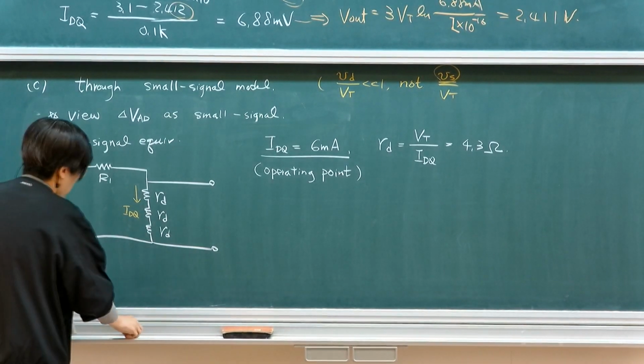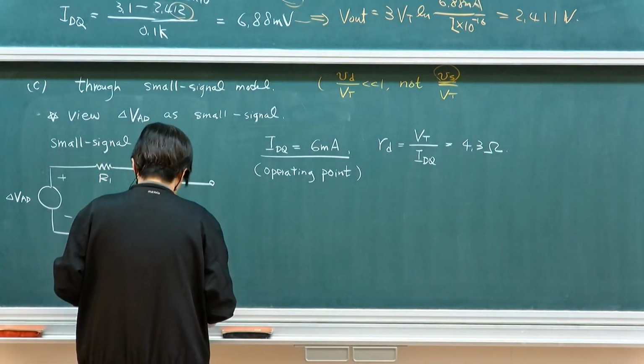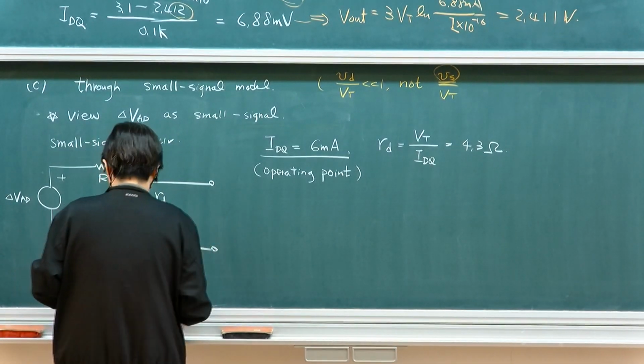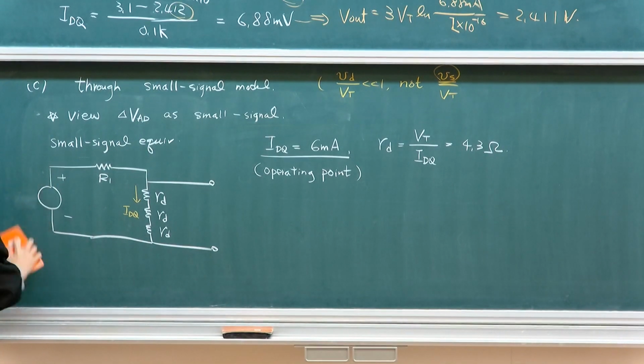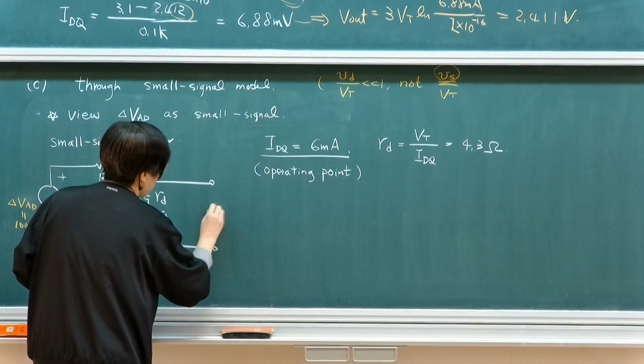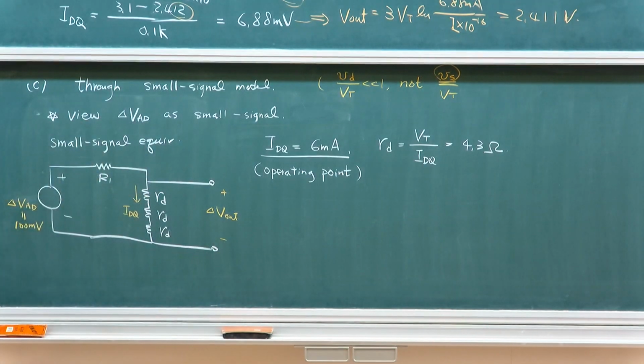Once I have that, this gives me the small signal input. The small signal input is delta VAD, which is 100 millivolt. Your output is delta V out, because I'm only looking at the variation.